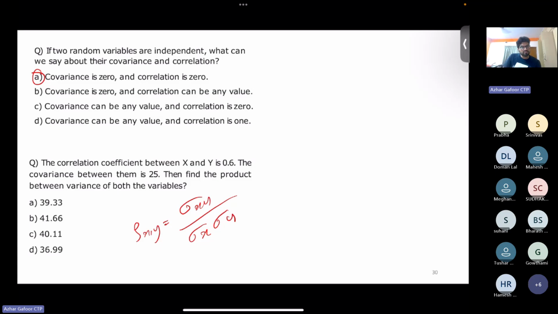So substitute the values and you can find the answer. This is given as 0.6, this is given as 25. So the answer will be 25 by 0.6, which comes to 41.6.